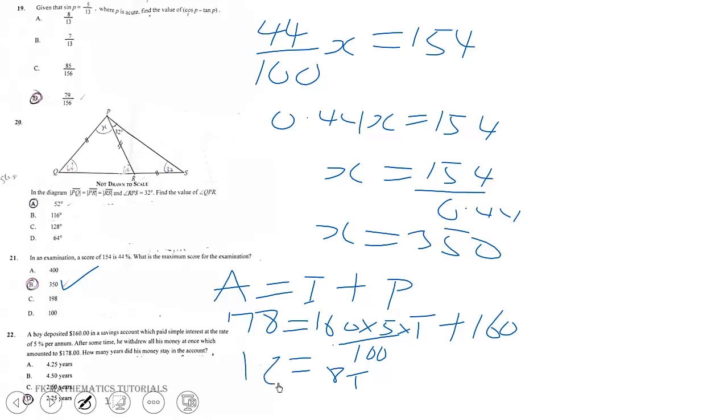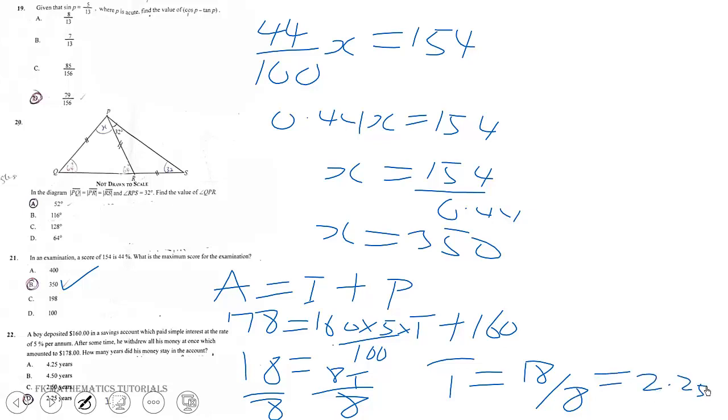So 18 is equal to 8t. Dividing both sides by 8, t will be equal to 18 over 8. And 18 divided by 8 is 9/4, or 2.25 years. So the correct answer is the last option.